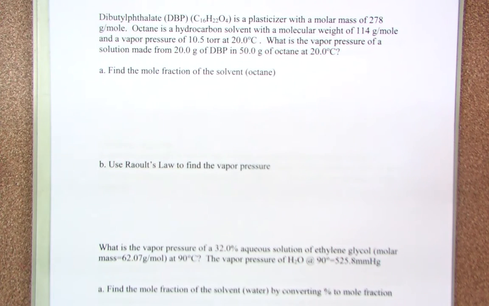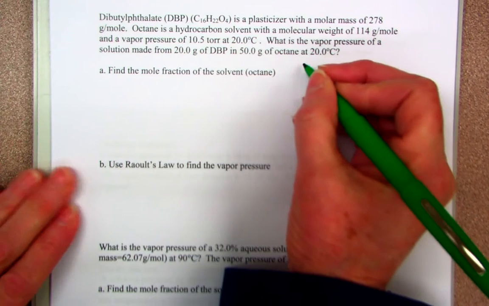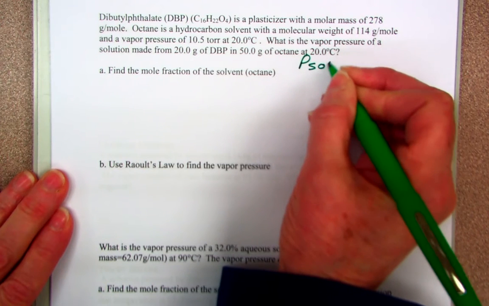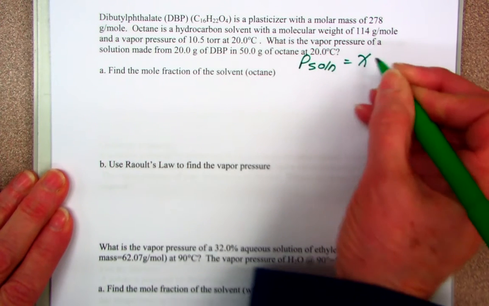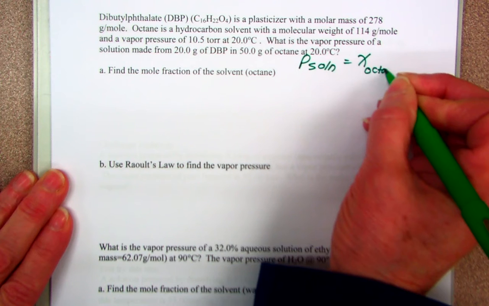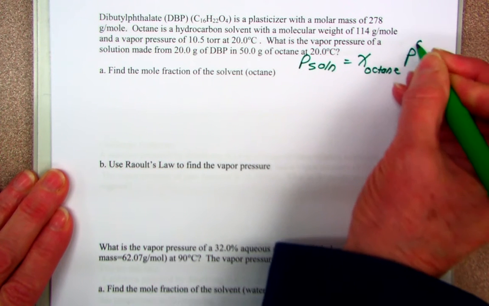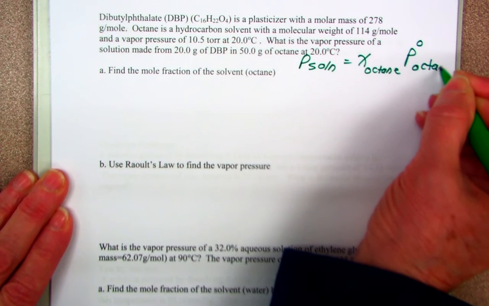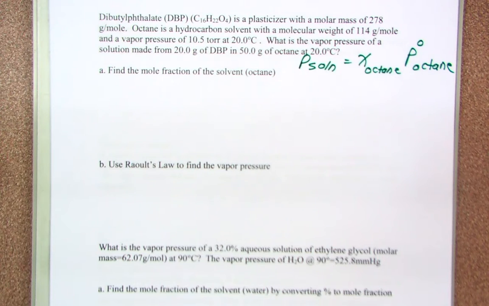So you look at this and you say, okay, what is the vapor pressure? I know that the pressure of the solution is equal to the mole fraction of the octane, the solvent, times the pressure of pure octane. So that's the new stuff for Raoult's law.